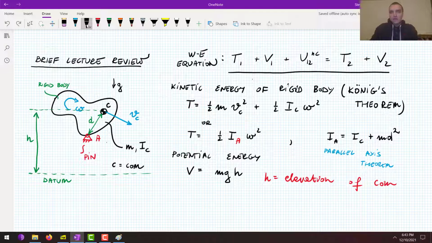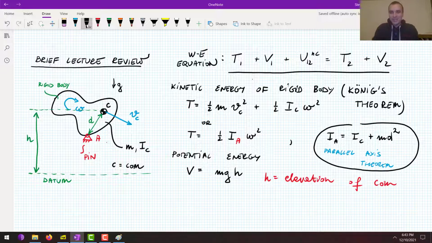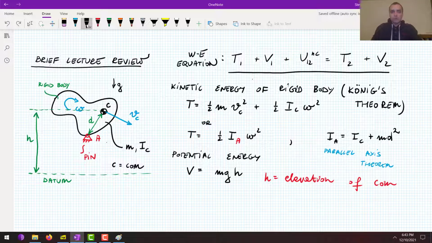And Ia can be calculated from the parallel axis theorem or Steiner's theorem. So these are 2 ways to calculate our kinetic energy.